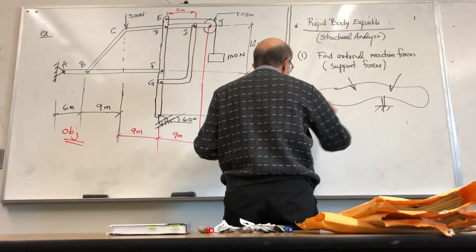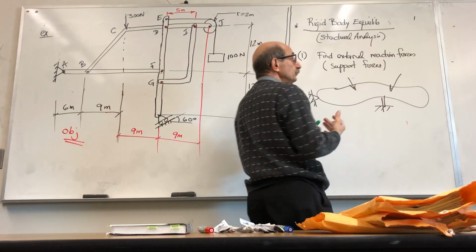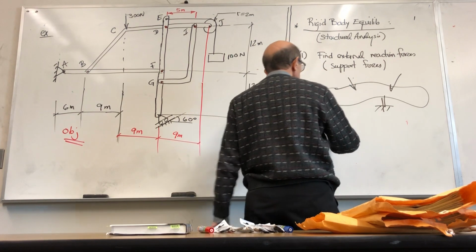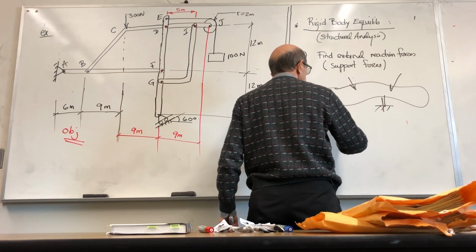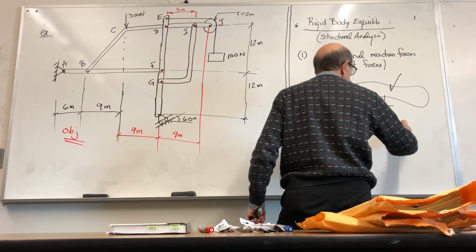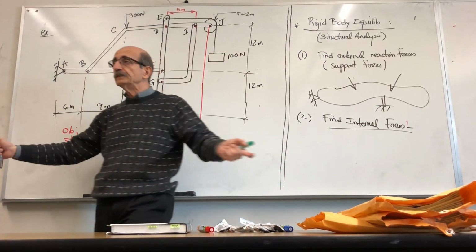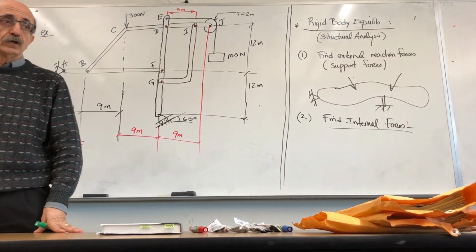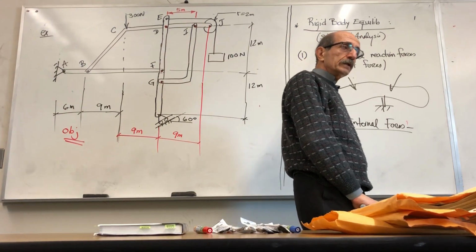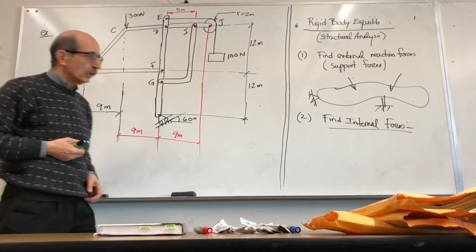However, as I said, even back then, in order to design a structure or a mechanism, we also need to find internal forces. What do we mean by that? A structure is not one continuous piece. It's made of components. An example that I've always referred to is the chair that you're sitting on. It's made of the seat, the legs, the platform you put your notebook on, and so on.